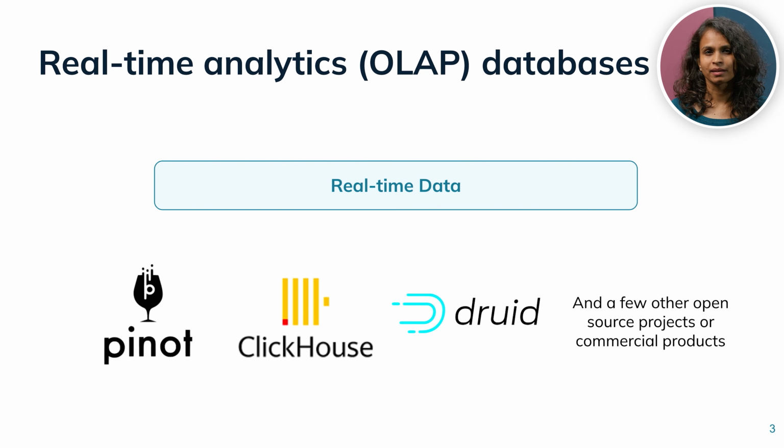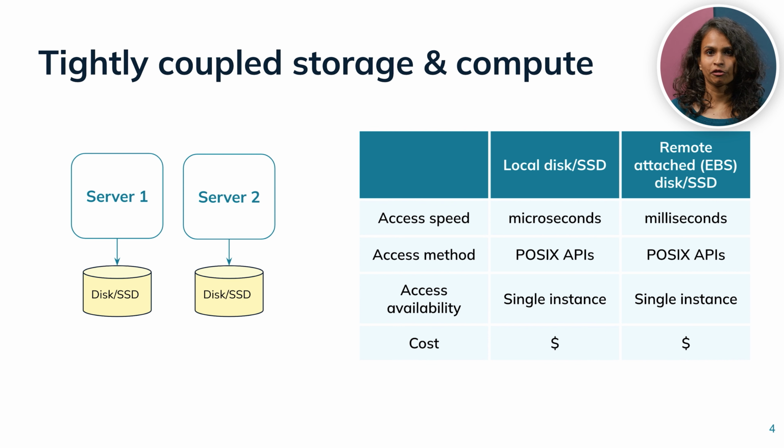The compute nodes use disk or SSD to store data. The disk SSD could be on local storage, or it could be remote attached like an EBS volume. With both of these, you can use POSIX APIs and use techniques like M-mapping your data onto them. As a result, accessing them is super fast. The access speeds for local storage is typically microseconds, and for remote attached is in milliseconds.